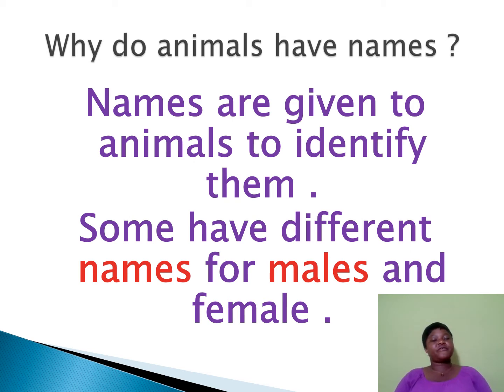So you want to know why names are given to animals, and we said some of them have different names for males and females. So let's go to our next slide and see what we have there.